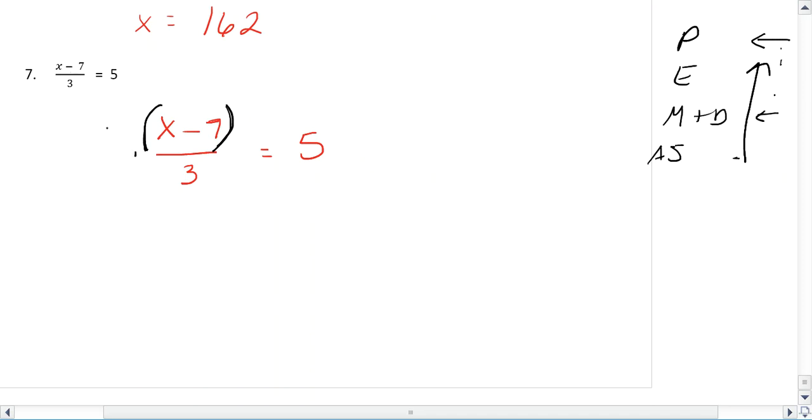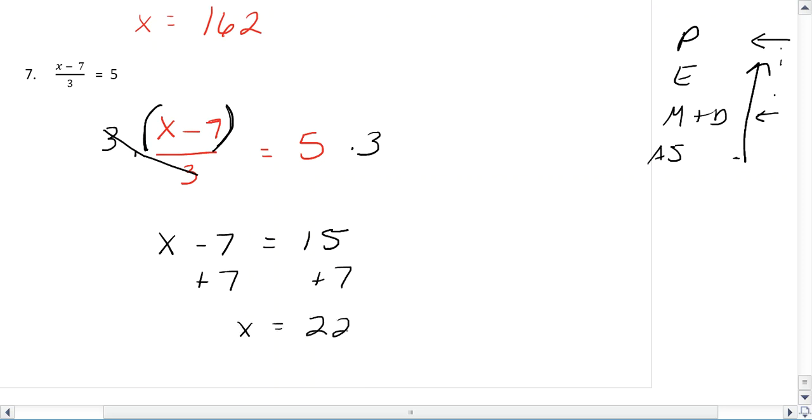So we're going to start by multiplying both sides by 3 this time. The 3s cancel. Now that x minus 7 is no longer a numerator, you can remove the parentheses. And so our last step this time would be to add 7 to both sides. And then we'd get 22. So once again, when you have a numerator, you need to put it in parentheses.